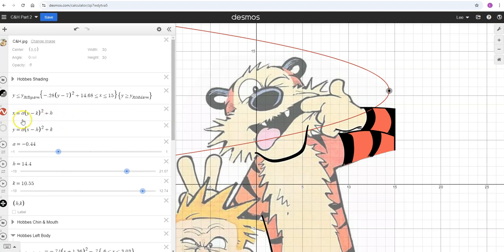So just swapping your pieces around can also help you with some curves that maybe were more difficult to do with usual functions that go up and down, but now we can use functions that go left and right just by swapping those x's and y's.